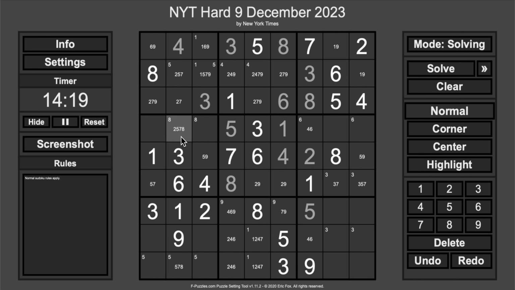Oh, this 5 says that can't be 5. I need 2, 5, 7, 8, 9. Well, let's see. For box 4, this sees 2, 7, 9. It can't be 5 or 8.